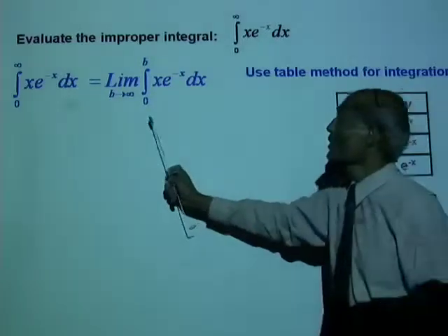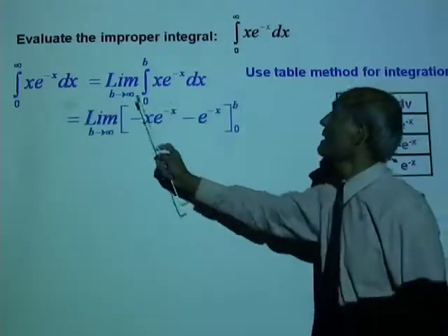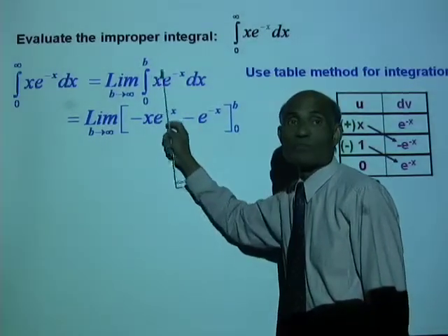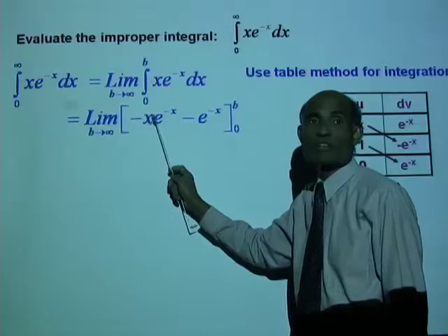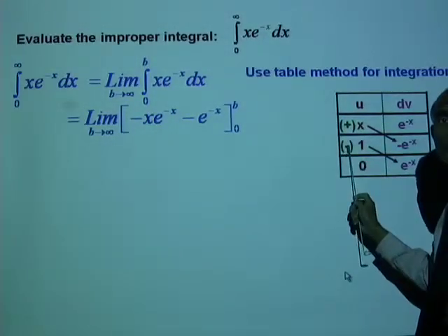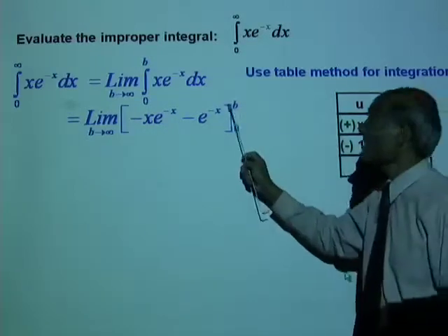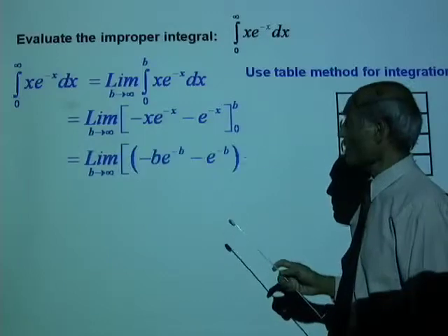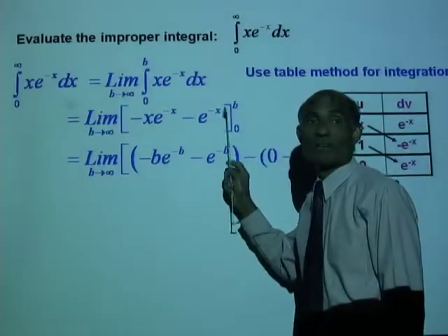So we will have limit b approaches infinity, and the value of that integral is negative x e to the power of negative x, minus e to the power of negative x, from 0 to b. We can now apply that limit.